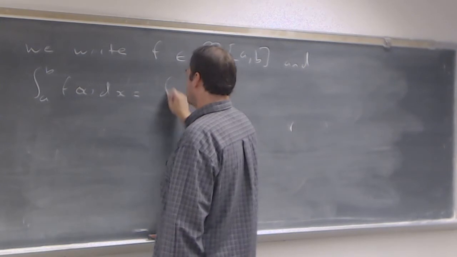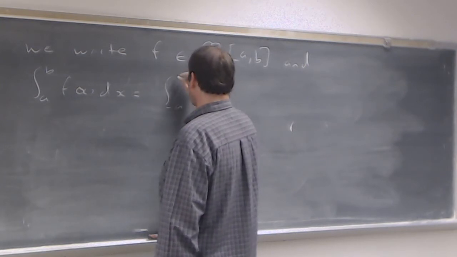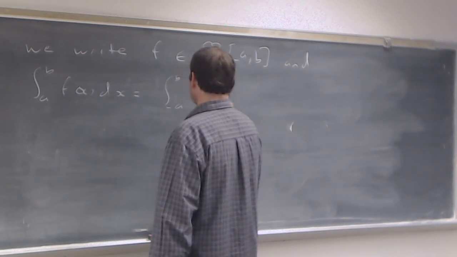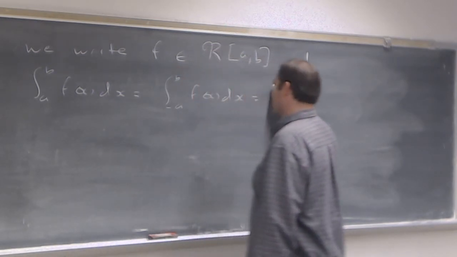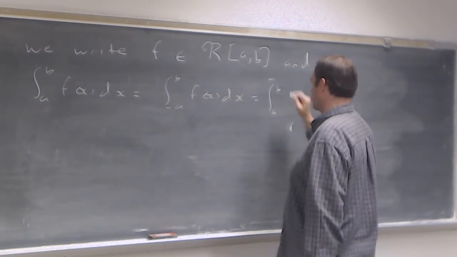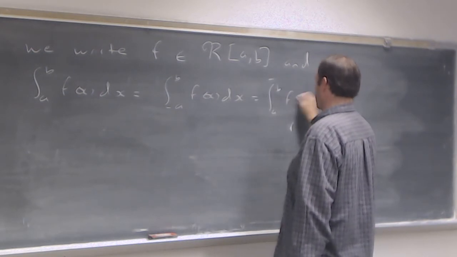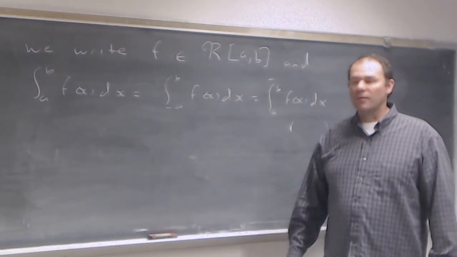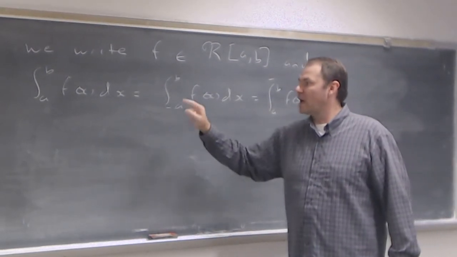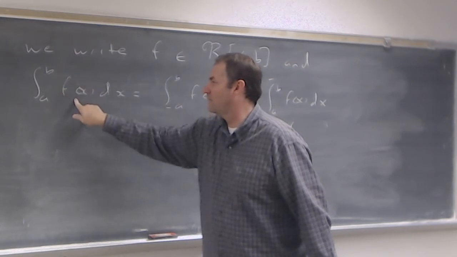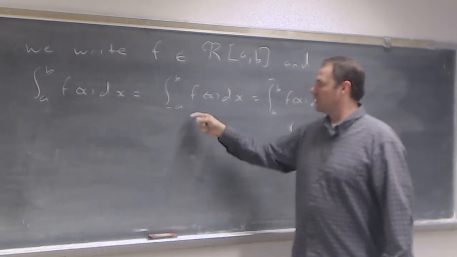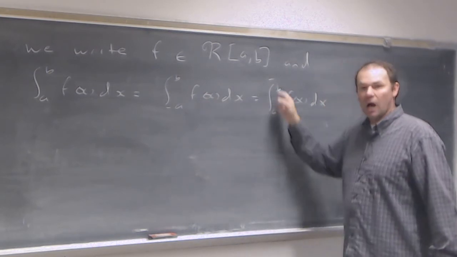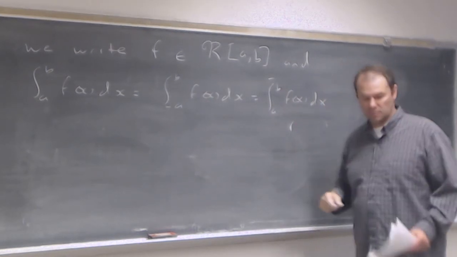It's either the lower Riemann integral, or you could say it's the upper Riemann integral, in this case, because they're the same. So the only time that we define the Riemann integral of f over A to B is when the lower Riemann integral is equal to the upper Riemann integral for the function.